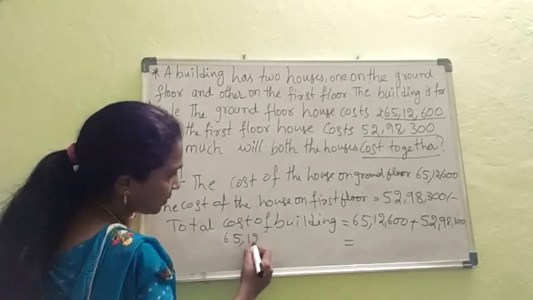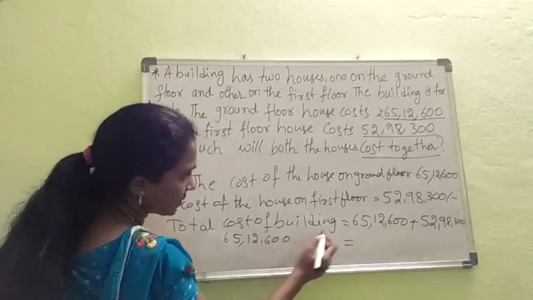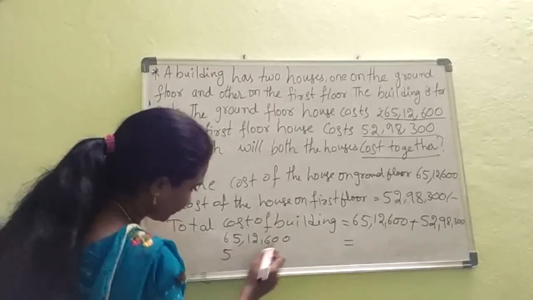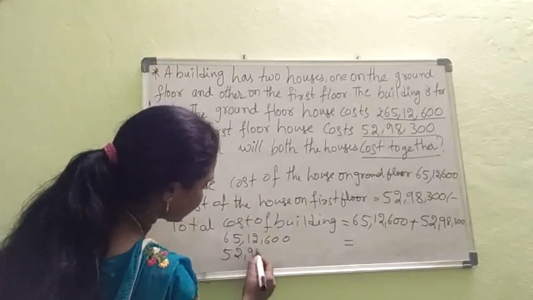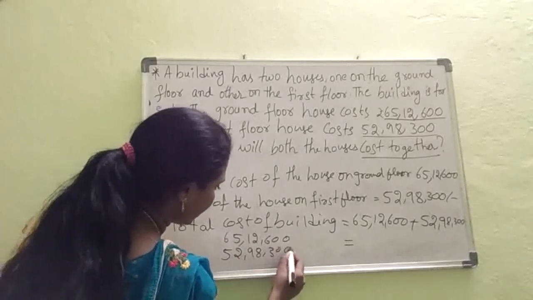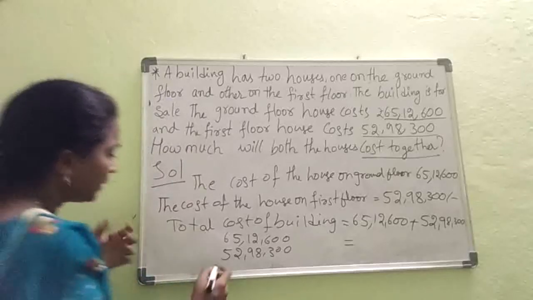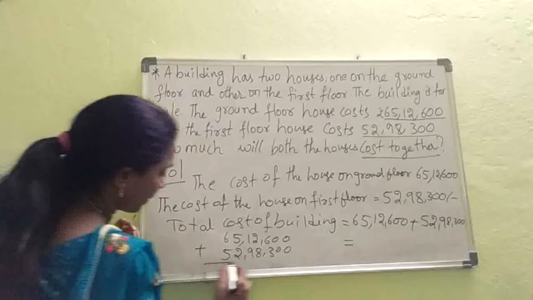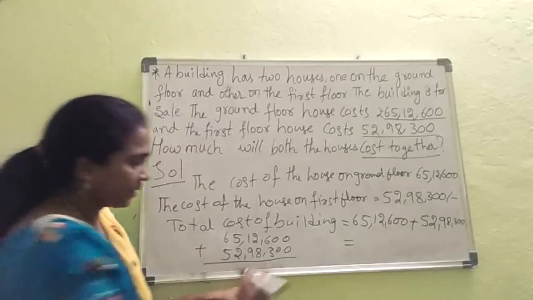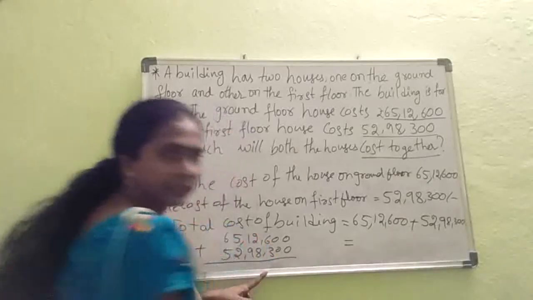How many digits does the first number contain? See the numbers. Both numbers contain 7 digits. Now we have to add these two numbers. Here the space is not there, so after adding I'm going to write the answer.